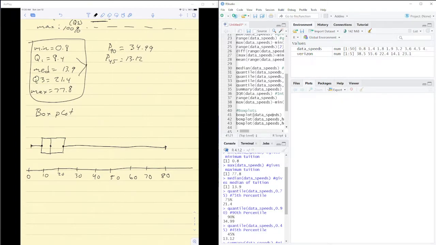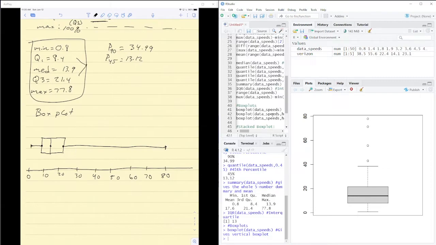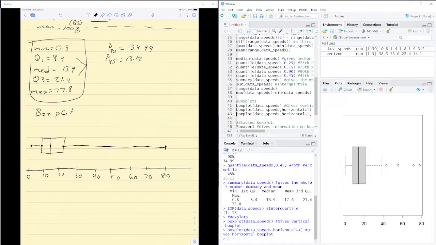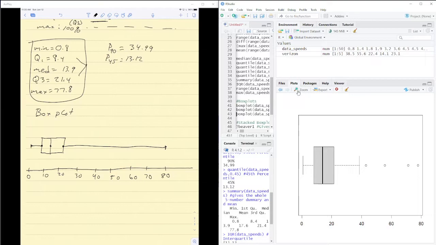I'm going to hit Control Enter, and this gives me a box plot. By default, it gives you a vertical plot, but I can add this argument, horizontal equals true, to make a horizontal plot instead. And we see this plot here.